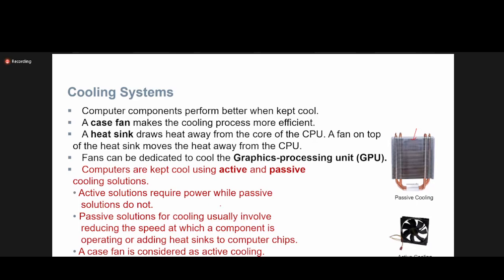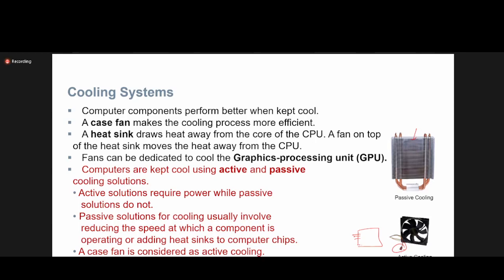Here you can see an example of active and passive cooling. Here is a power cord, so it needs to be connected to the power supply or a motherboard header. The motherboard has different sizes of headers for different devices. Passive cooling has no fan, and it provides dissipation or absorption of heat.